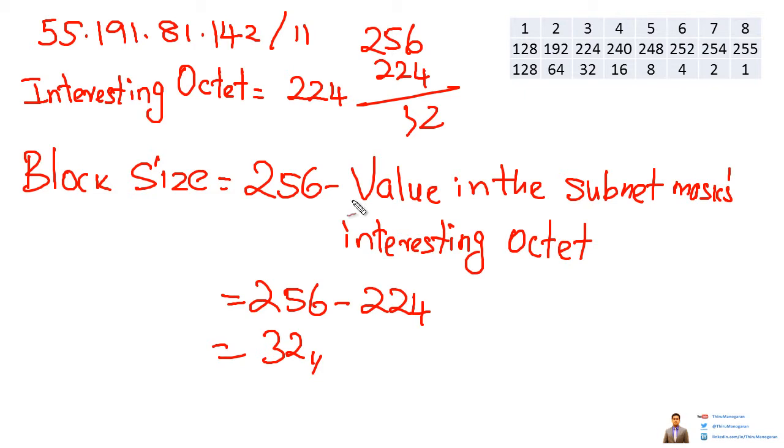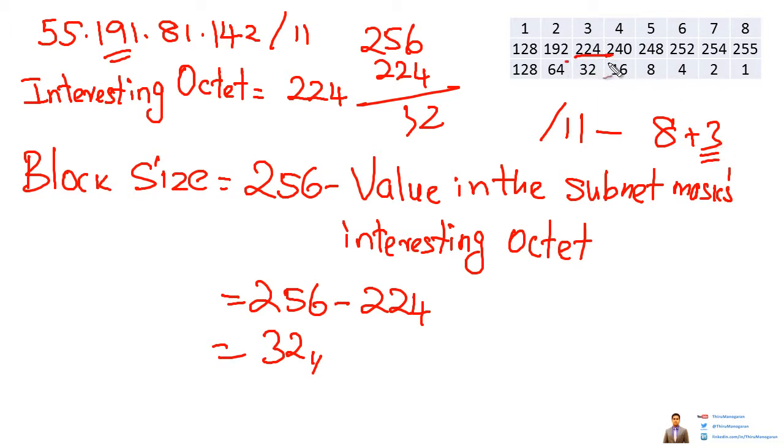Also, you can see that the subnet mask is /11, so the CIDR notation is 8 plus 3, and we are interested in the second octet, the third bit.